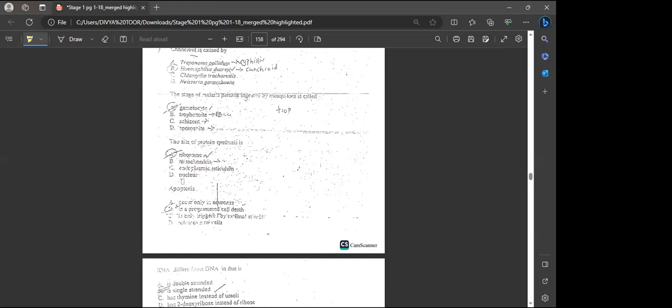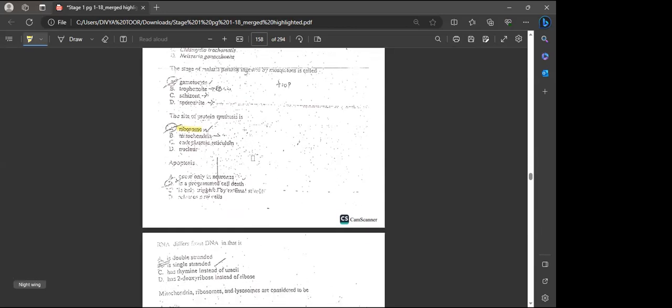The site of protein synthesis is, Patrick, do you want to answer? I don't think he's in the meeting. Anyway, we have ribosome. I'd also say ribosome. Yeah, me too.